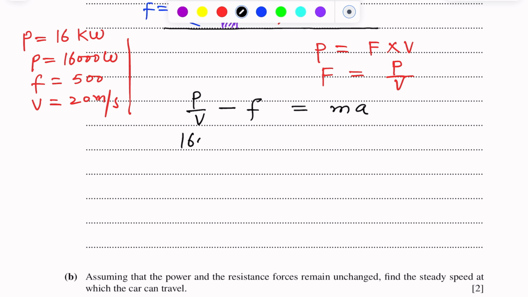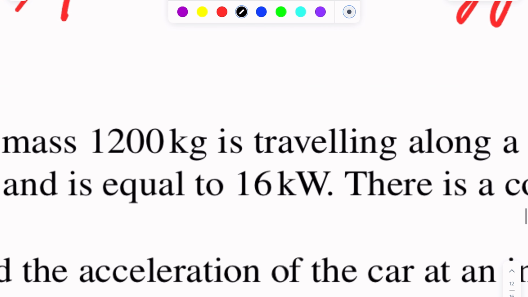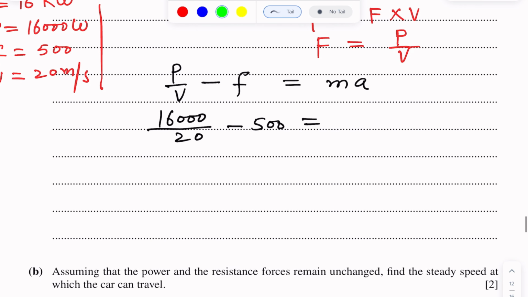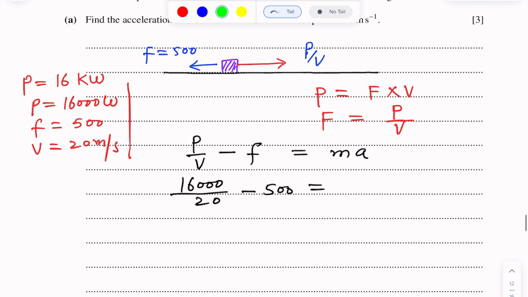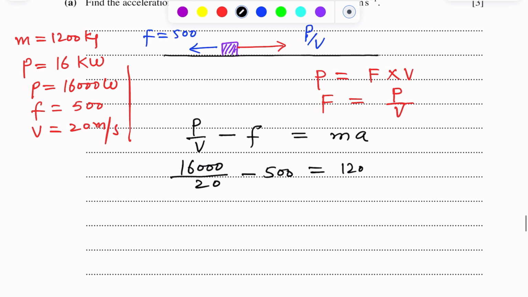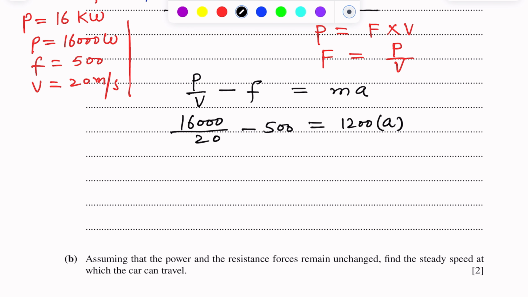P is 16,000, V is 20, minus force of friction 500. Mass is given, that is the mass of the car, 1200 kg, so equals 1200 a. From here we can find the value of a.